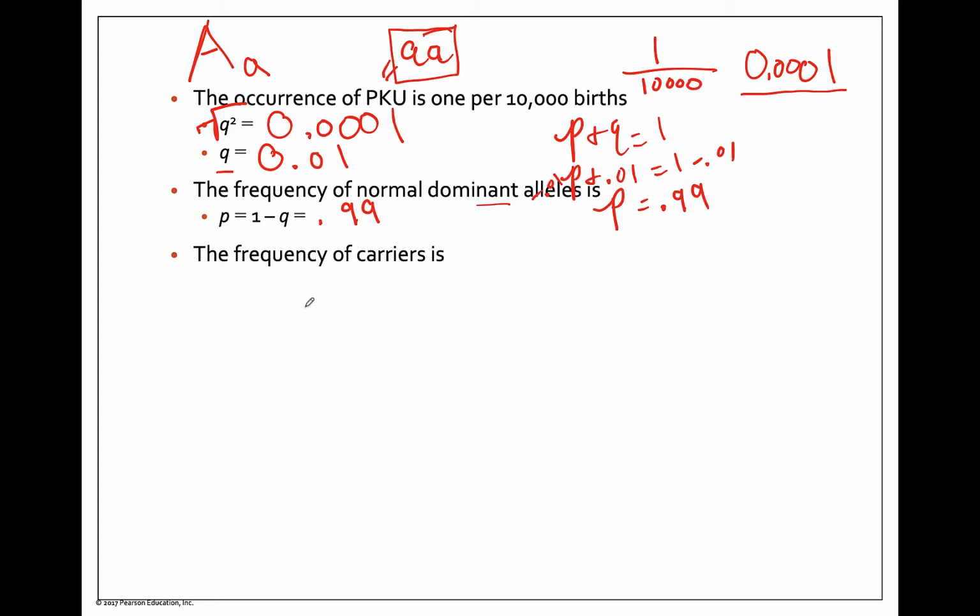Alright, so let's figure out the frequency of carriers. Carriers are somebody who is going to be big A, little a. So we know that this is 2pq.